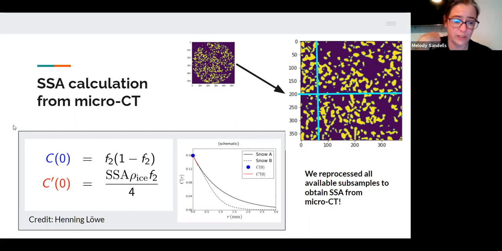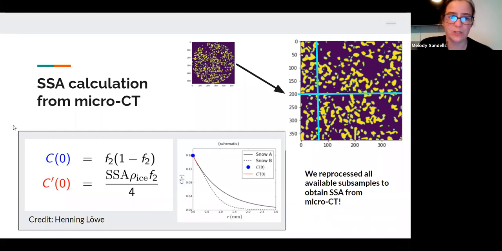However, the slope of the correlation function, that red line there, at the origin is related to both the density, the fractional volume F2, and also the snow specific surface area, SSA. So this is how we actually calculate SSA from that binary image.